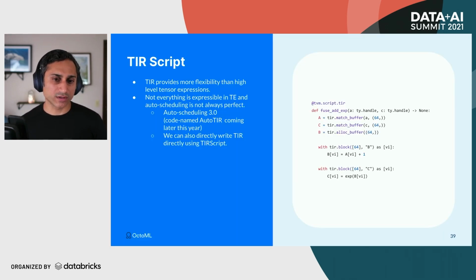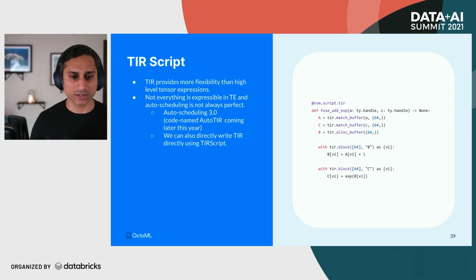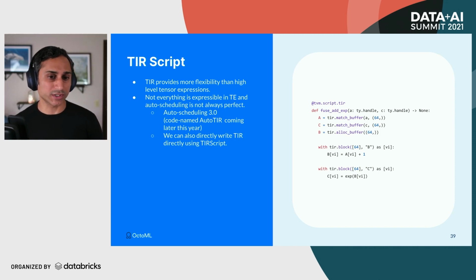And one final thing, there's a new version of auto scheduling, like auto scheduling third generation, coming soon called AutoTVM, which I would advise you to check out if you're interested.